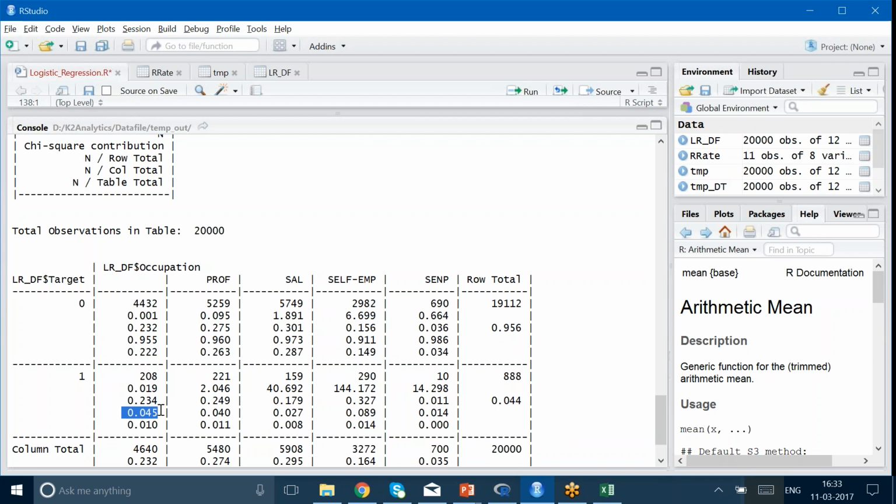If you add 0.955 and 0.045, that is 1. So I can see here 4.5% of the customers who have occupation missing are 1, and 95.5% of the customers having occupation missing are zeros. Likewise, I see here this number is 4% for professionals, here it is 2.7, here it is 8.9, and here it is 1.4.